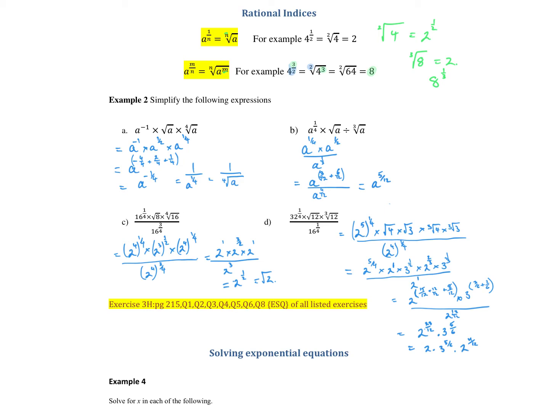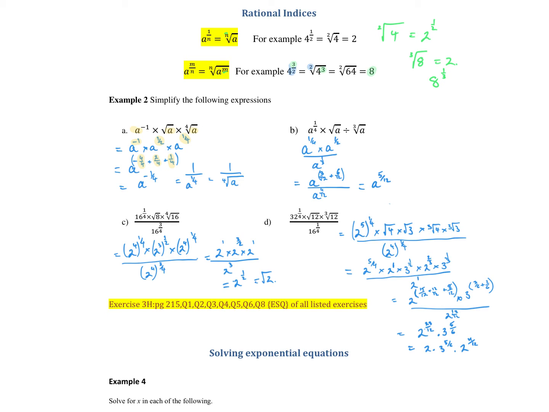So again, we check all of our bases are a. So a to the minus 1 is a minus 1. The square root of a is a to the half. The fourth root of a is a to the 1/4. All right, so then what I typically do is I write everything with the same denominators, because we add and subtract fractions with the same denominator. So -1 is -4 on 4, a half is 2 on 4, and a quarter is a quarter.